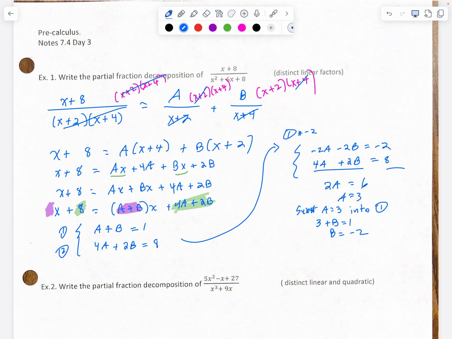And then multiply everything by the LCD, which is keeping the equation balanced by multiplying both sides by the same thing. And that clears out the fractions.